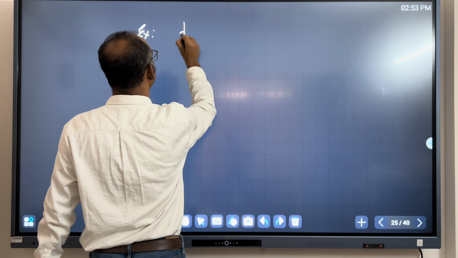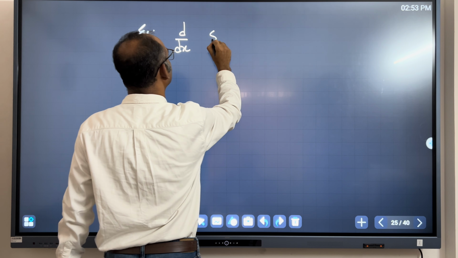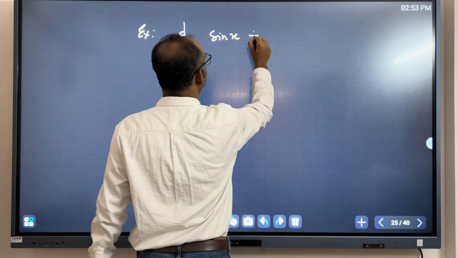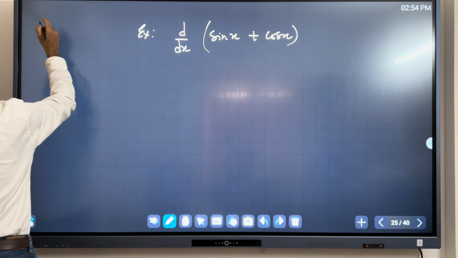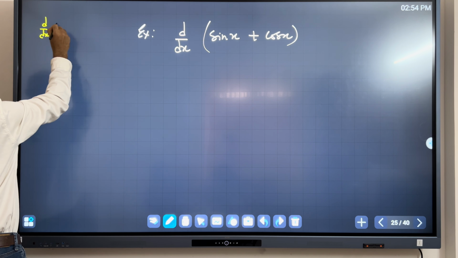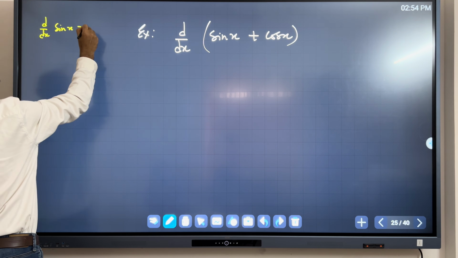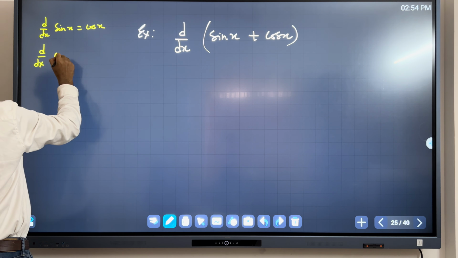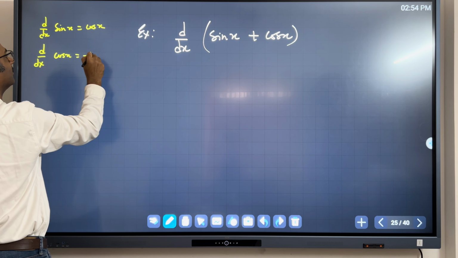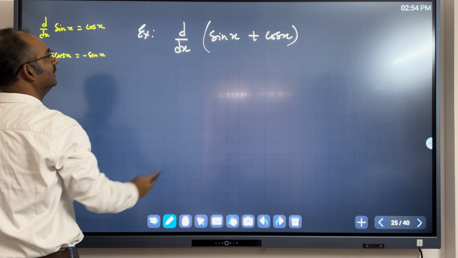Let's find the derivative of sine of x plus cos of x. We should use d over dx of sine of x is cos of x, and d over dx of cos of x is minus sine of x. So what is this?